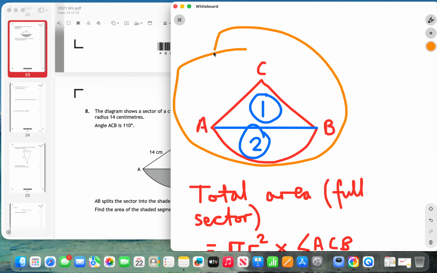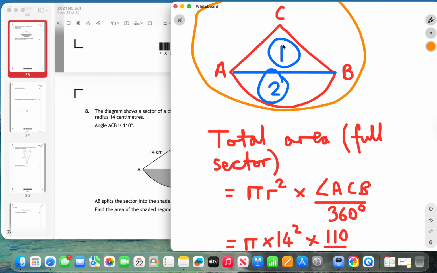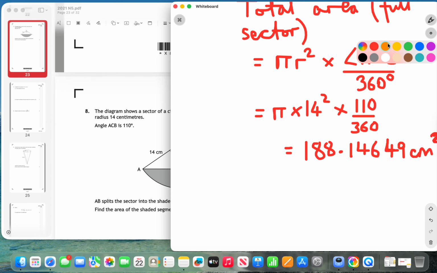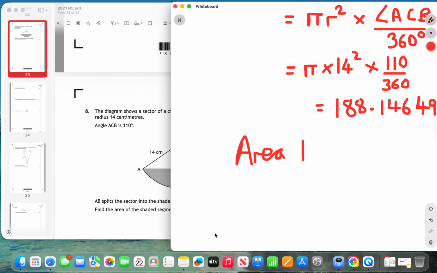Let's find the area of the first part of this. So part 1 is the triangle. So we're going to call this area 1. And essentially area 1 is the triangle that's not shaded, or the non-shaded section. We have ACB.